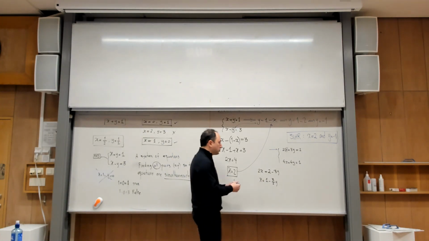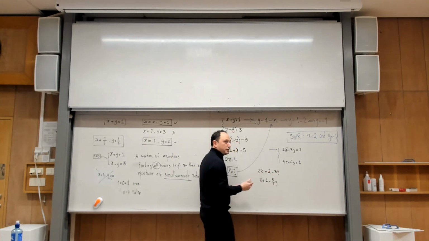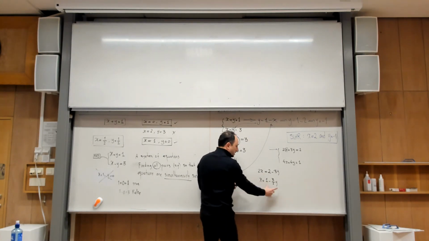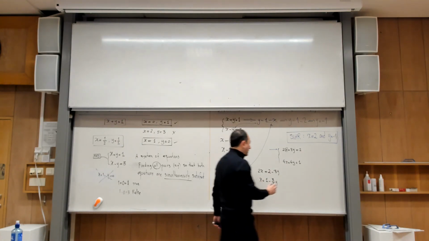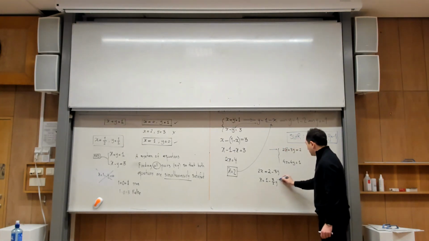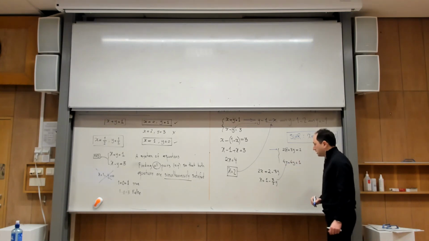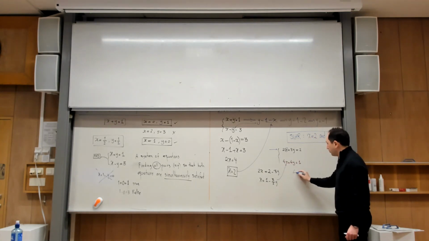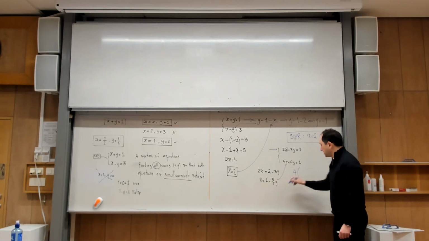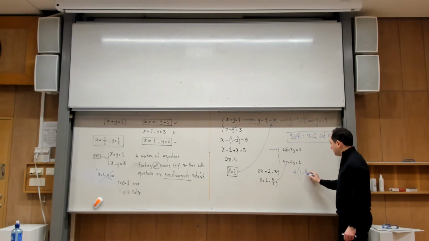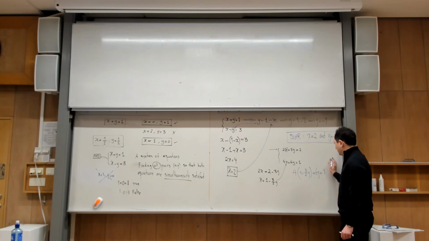Then I have to go to the other equation that I haven't used so far and substitute this expression for the x variable. Yes? So what will happen? This means that I will take it and put it in the second equation instead of x. So this becomes 4 times, instead of x, I put this 1 minus 3 over 2 y, and then I have plus 6y is equal to 1.